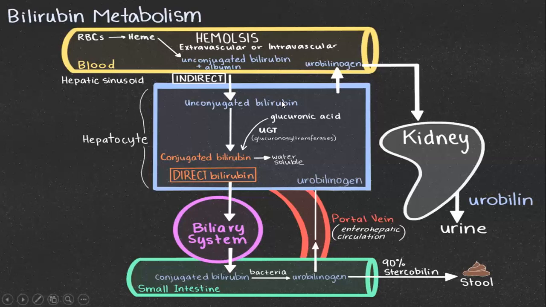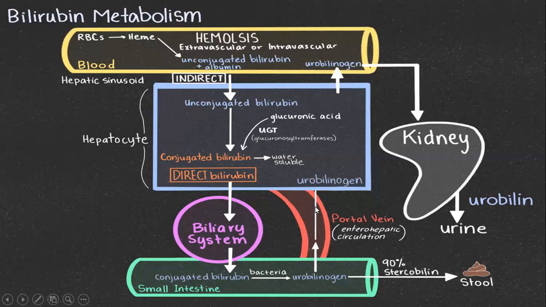Now, in disease states wherein there is damage or injury to your hepatocytes, what's likely to happen is that the liver will not be capable of conjugating bilirubin, such that there would be a defect in the production of your conjugated or direct bilirubin.